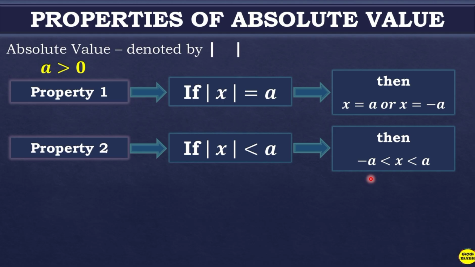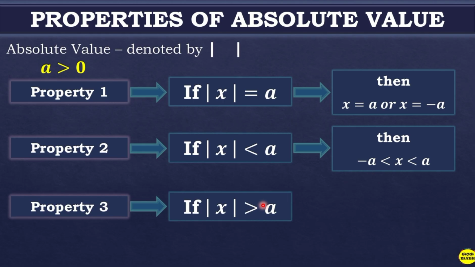Okay? And property number 3, this is if the absolute value of x is greater than a. Kung mas mataas siya sa a, which is your a is greater than 0, so, kapag ang inequality symbol mo ay greater than or pwede rin greater than or equal. Okay? So, ito rin, pwedeng less than or equal. Okay?